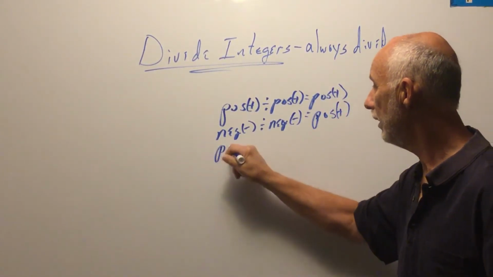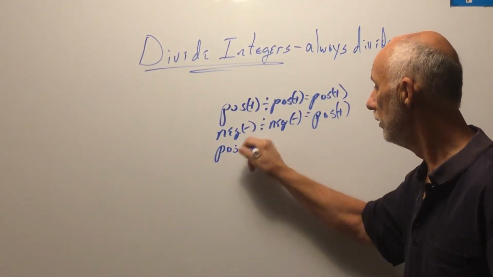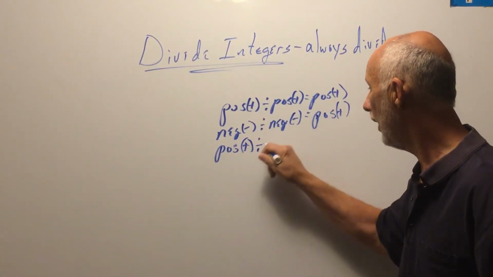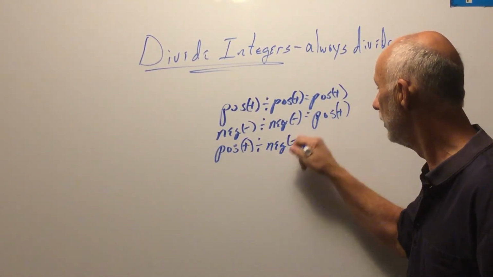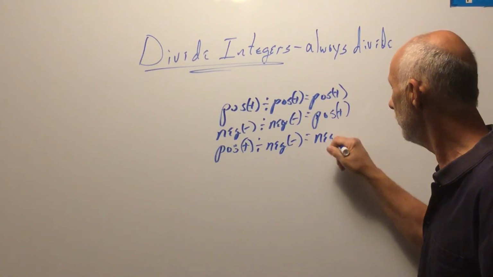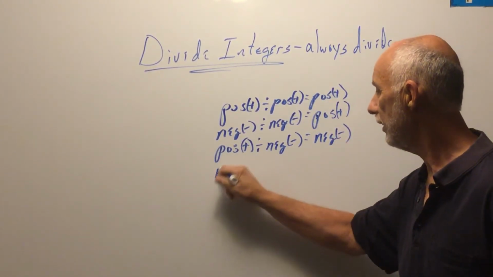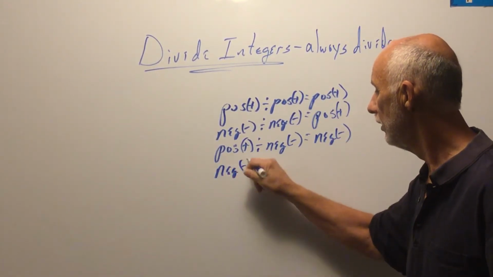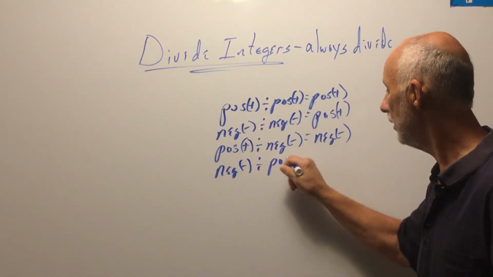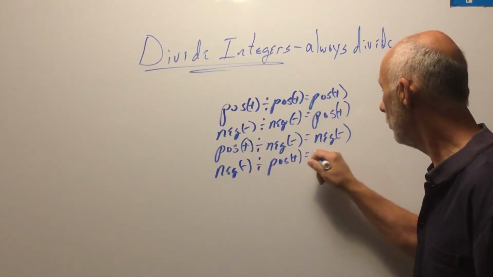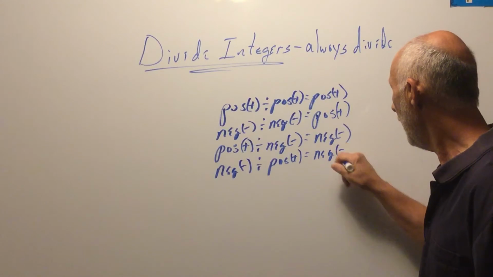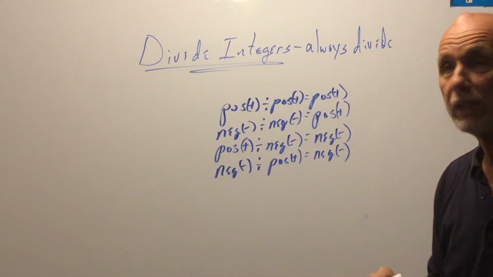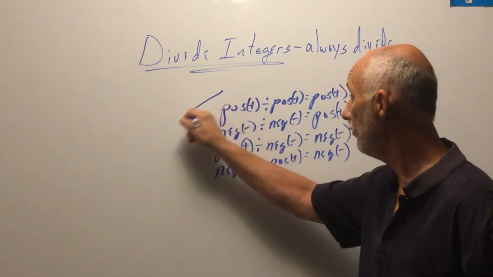And a positive divided by a negative equals a negative. And finally, a negative divided by a positive equals a negative.